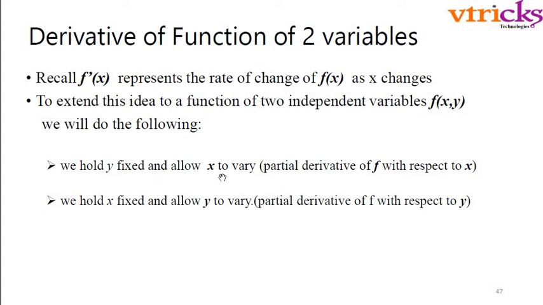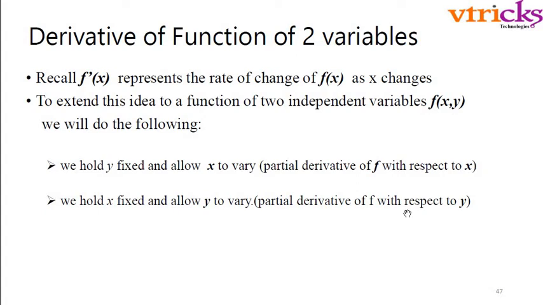When we do this, whatever we get, like the f prime x, we call it the partial derivative of f with respect to x. Why the word partial? Because this represents only the change in f with respect to x. We do not consider the change in f with respect to y. When we hold the x variable fixed and we allow y to vary, we call it the partial derivative of f with respect to y.